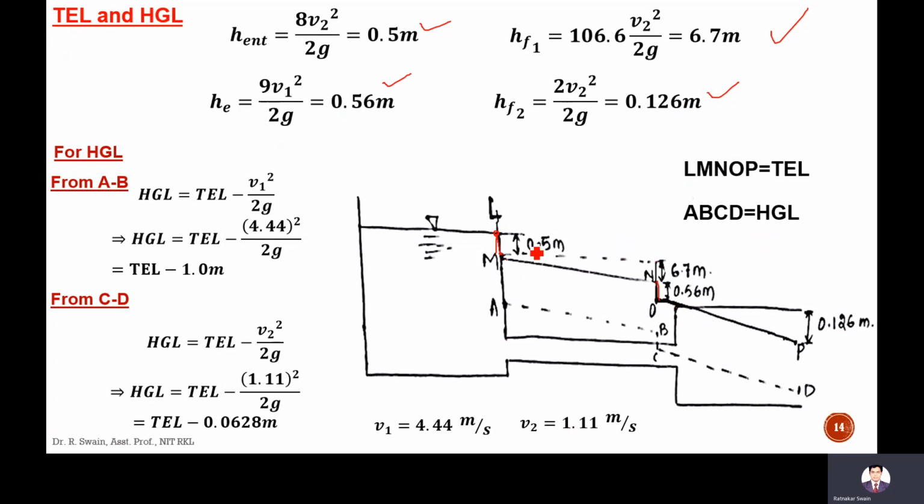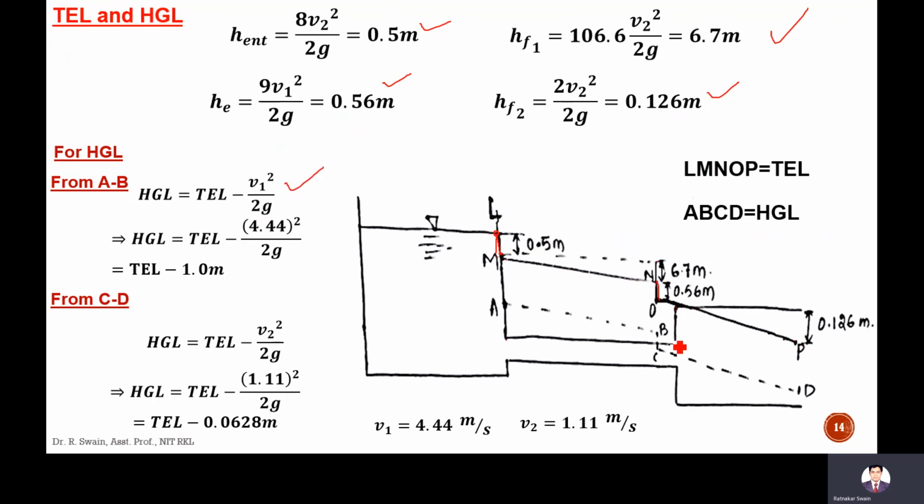So from 8 meter the value will be lesser: here it will be 7.5, then 7.5 minus 6.7, then again minus 0.56, then again minus 0.126. Like this it will reduce. Then for the HGL, you know HGL is the TEL minus the kinetic head.